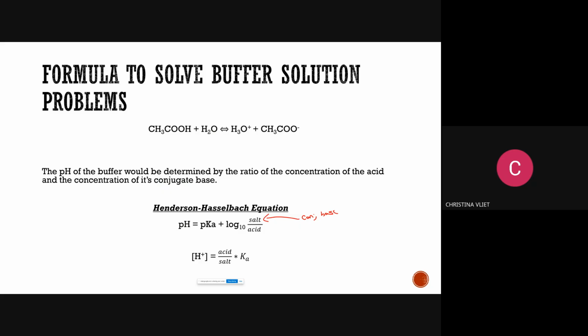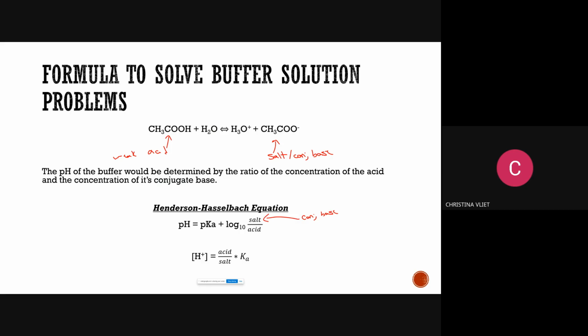So what would be the salt technically in this equation? Because the spectator ion is missing. CH3COO-. This is technically the salt or the conjugate base. Because like I said in the lab we just did, we saw it as sodium ethanoate. The sodium was there. And then this is the acid, the weak acid. Okay. So, the Henderson-Hasselbalch equation is this one.